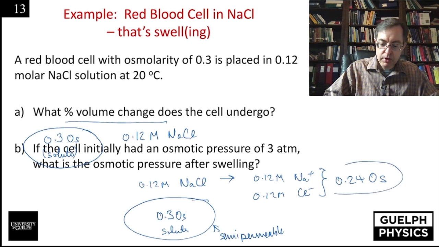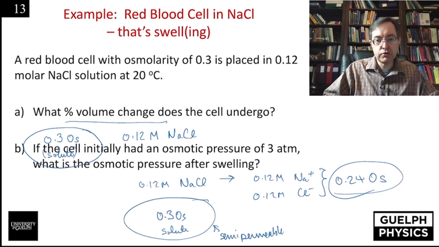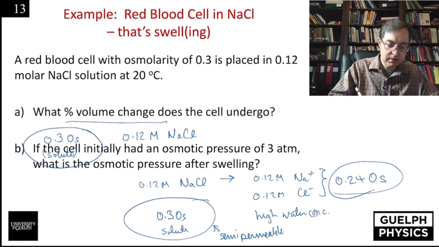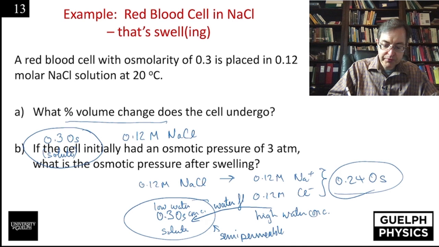In the region where you have less solute, the 0.24 osmolar, this is a high water concentration because it's a low solute concentration, and this is a relatively low water concentration. And so the water will flow into the cell, and as a result, the cell will swell.